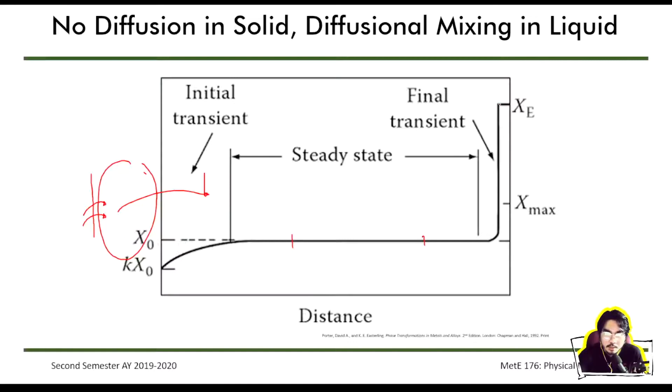Tapos itong composition na to is eutectic na yung microstructure na ma-observe natin. Okay? So ganito yung difference pagka meron tayong no diffusion sa solid tapos diffusional mixing lang sa liquid.